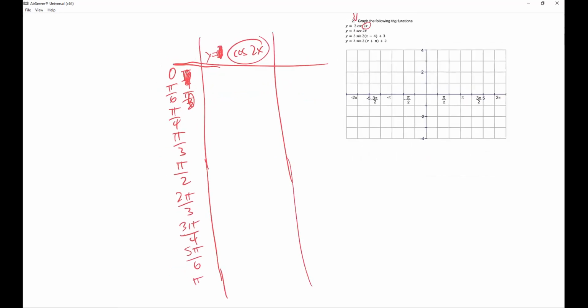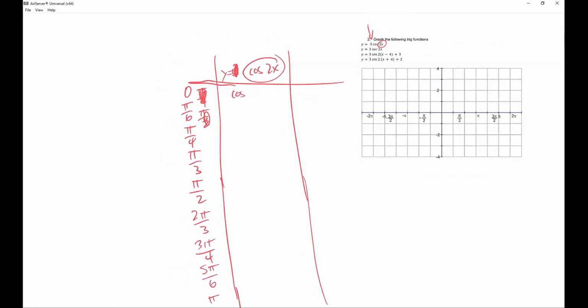All right. So then cosine of 2 times 0 is 0. The cosine of 0 is 1. Cosine of 2 times pi over 6 is pi over 3. The cosine of pi over 3 is what? 1/2, right?